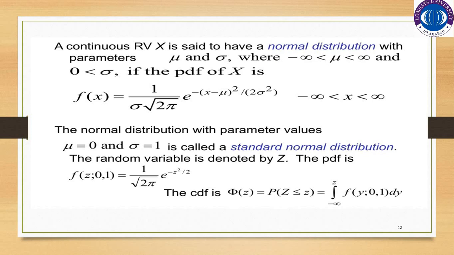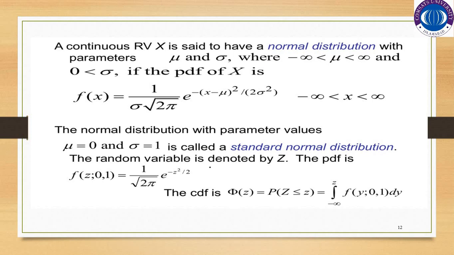Now, a continuous random variable x is said to have a normal distribution with parameters mu and sigma with the PDF we studied in the previous slide. As we have converted x into z, the z-score, the normal distribution with parameter values mu equal to 0 and sigma equal to 1 is called a standard normal distribution.